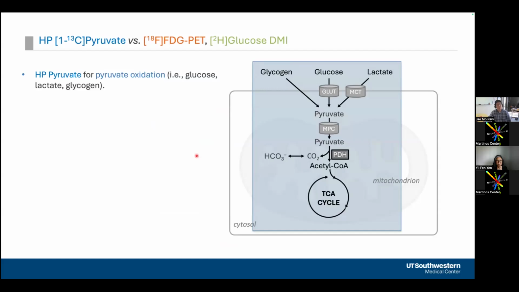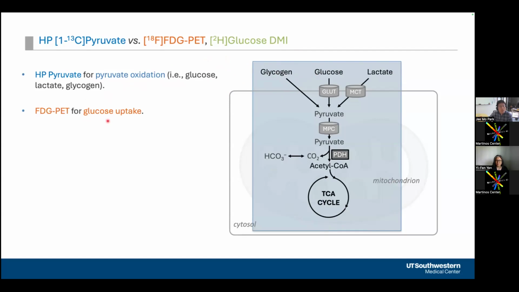So this hyperpolarized carbon-13 pyruvate is also different from the other two common imaging methodologies for assessing glucose metabolism. As I mentioned, hyperpolarized pyruvate detects pyruvate oxidation either from glucose, lactate, or glycogen, so you can measure the entire big picture of cerebral metabolism.